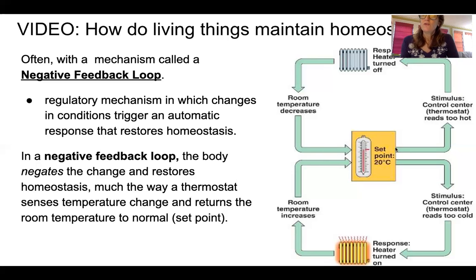Okay, so now that you understand how to read this kind of negative feedback loop, and that you set the set point in the middle, and then you have two different loops, one for when you move too high, one for when you move too low, then we'll start applying that knowledge to glucose homeostasis.